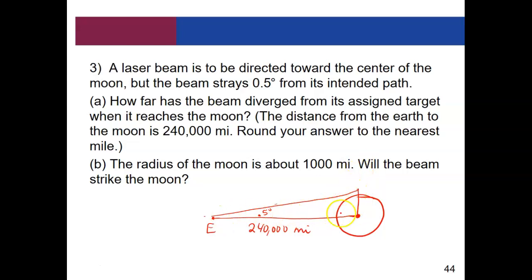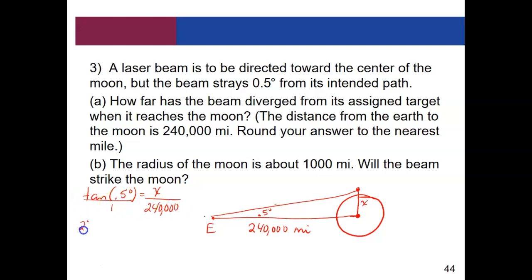So if I look at this, I need to basically figure out this distance. That's how far it is off from its target. So this is where it would hit, and this is where it should have hit. So that's going to be opposite over adjacent. So I'm going to do the tangent of 0.5 degrees is going to be x over 240,000.